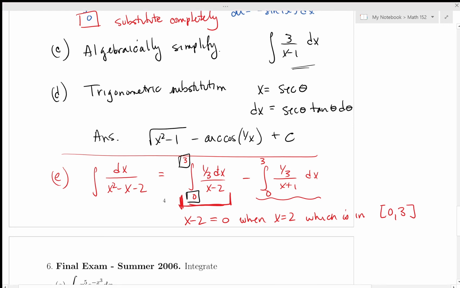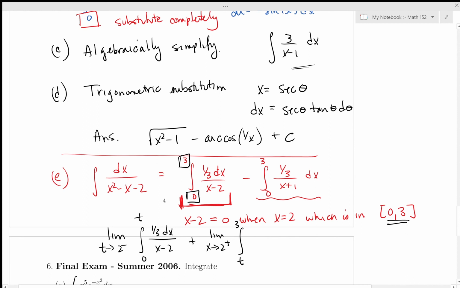So how we do this, I'm going to write this down again. I will get to this in more detail, but we are going to rewrite this in this manner. The limit as t approaches 2 from the left of the integral from 0 to t of 1/3 dx over x minus 2, plus the limit as t approaches 2 from the right of the integral from t to 3.